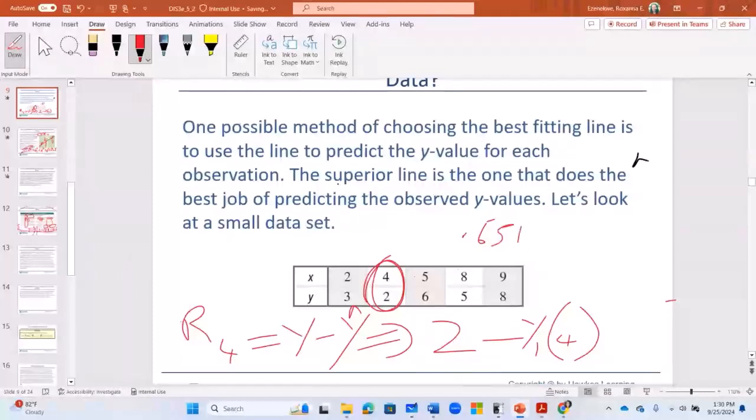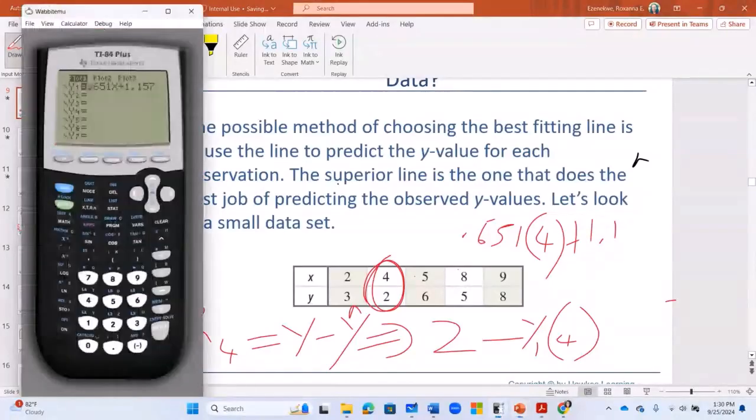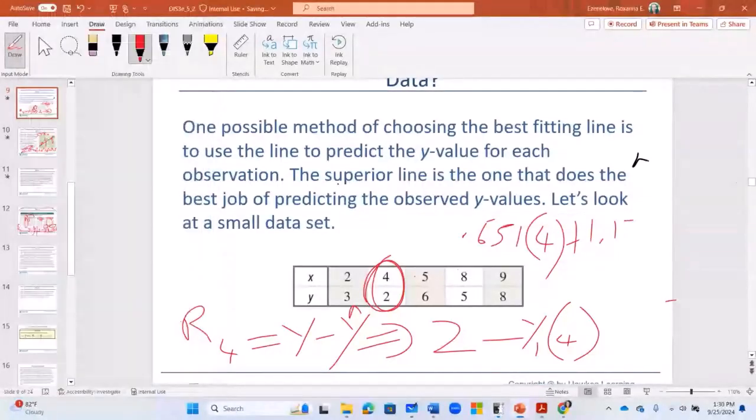Wherever I see x, I put in 4. Okay, so this is the equation in my calculator that I made.